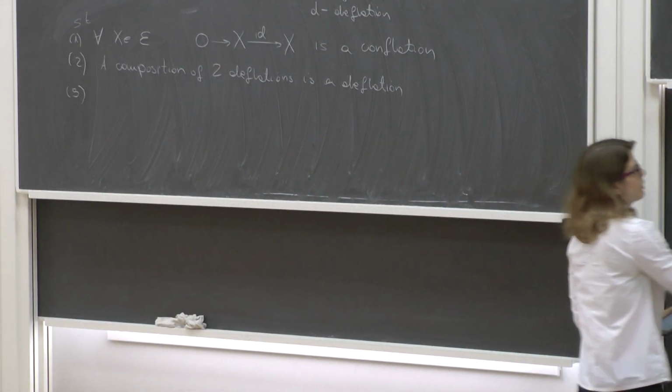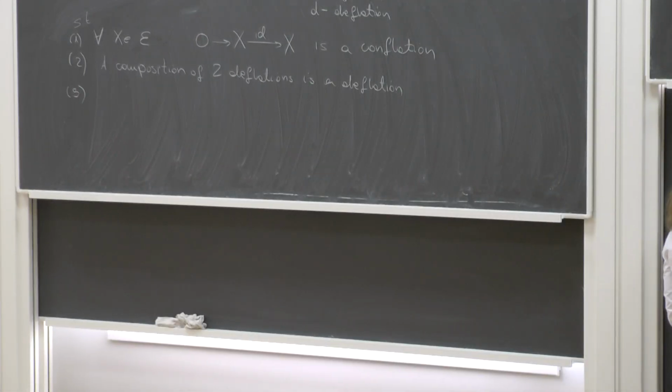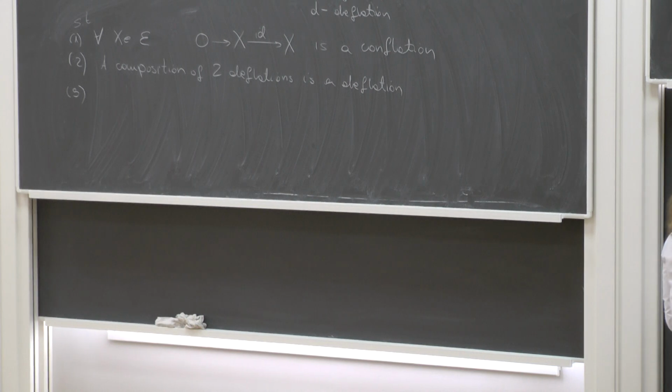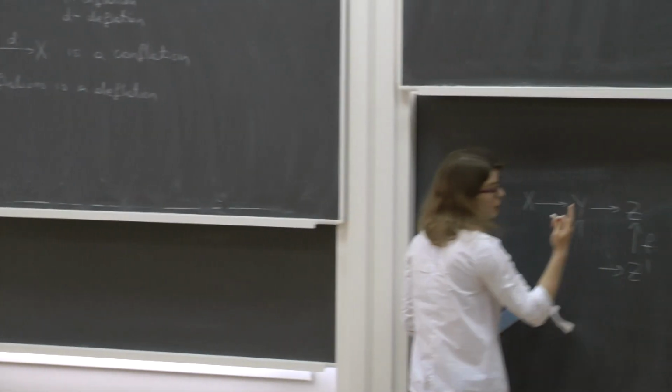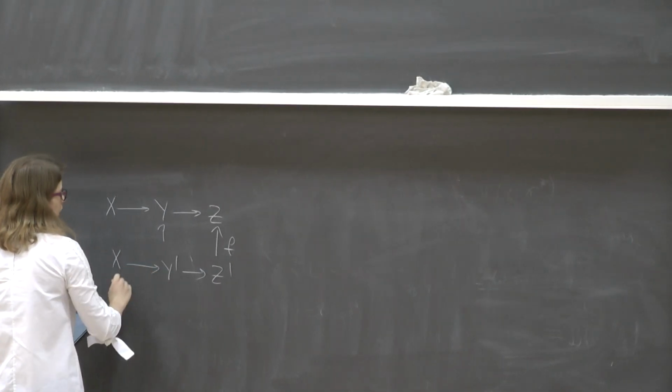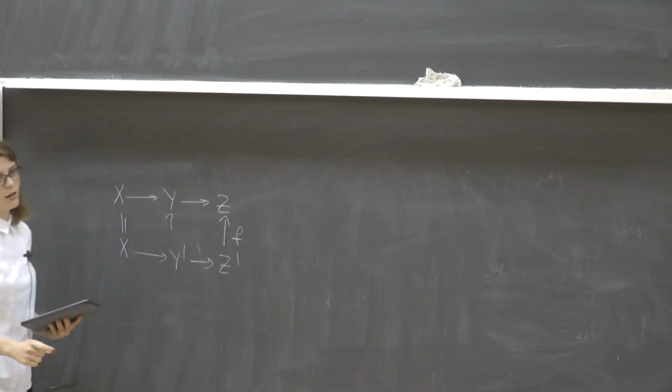When you have a short exact sequence, a class in Ext^1, and you have a morphism, I can take a pullback. If I am in an abelian category, I can take a pullback, and this is still a short exact sequence.